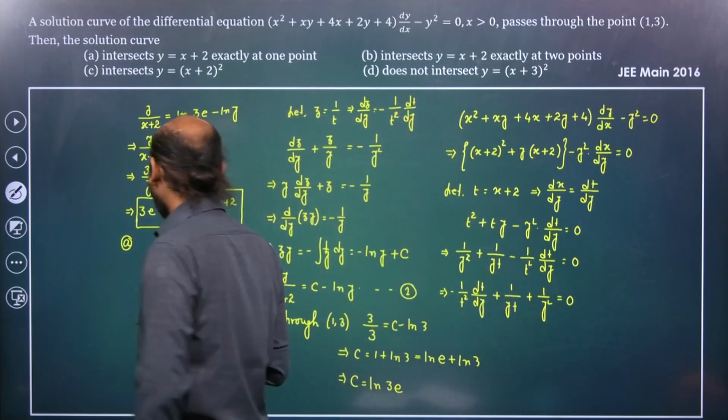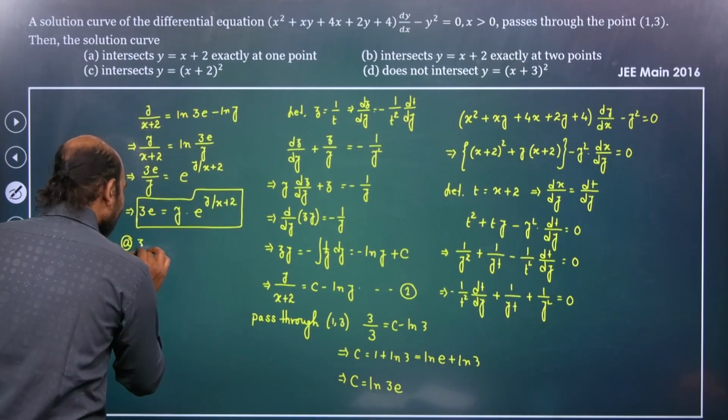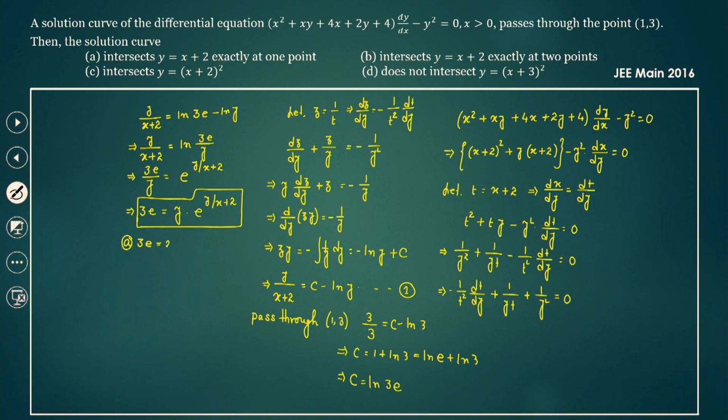Let's go ahead. If I substitute that, we'll see that 3e is equal to (x plus 2) multiplied by e to the power (x plus 2) divided by (x plus 2). So that implies that 3e is equal to (x plus 2) multiplied by e.